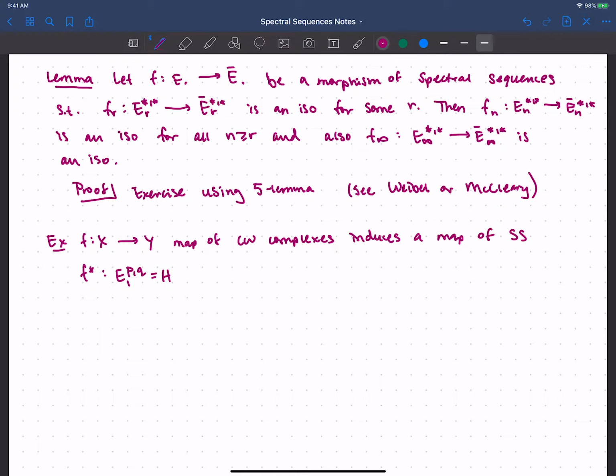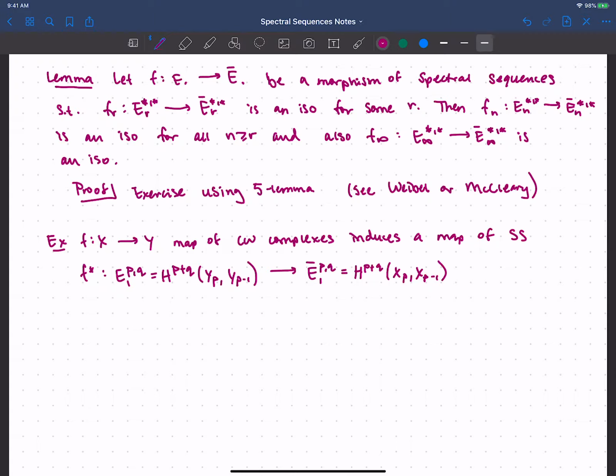So here on the E1 page, we've got H^{p+q}(Y_p, Y_{p-1}), so for some filtration. And that's going to map to this other spectral sequence, which has on its E1 page the cohomology of the filtration quotients of X. And then, of course, that'll induce maps on all of the pages and maps on the E infinity page.